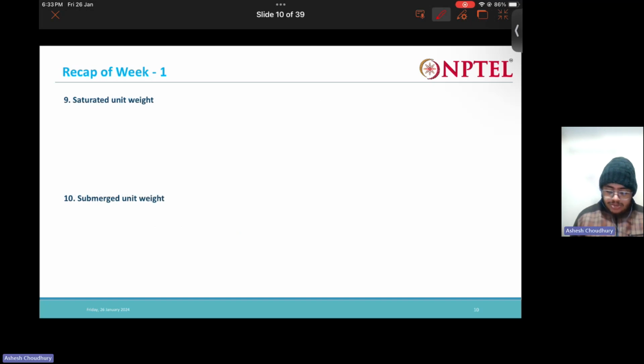Then we have saturated unit weight, gamma saturated, and submerged unit weight.